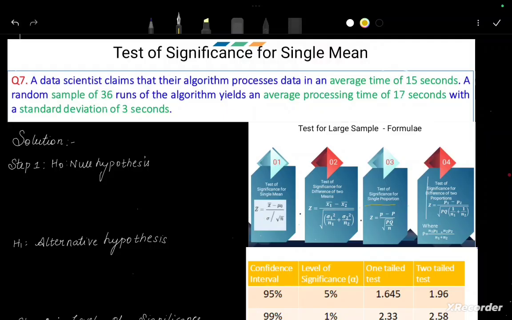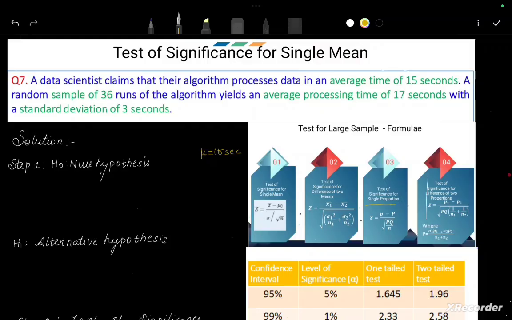In your problem, if mean is given, then you have to check whether one single mean or two means for two samples are given. Reading the first line tells you that this is for the whole algorithm, so this is for the whole population. The average time of 15 seconds, for the population, the mean is considered as mu. So mu is given as 15 seconds.